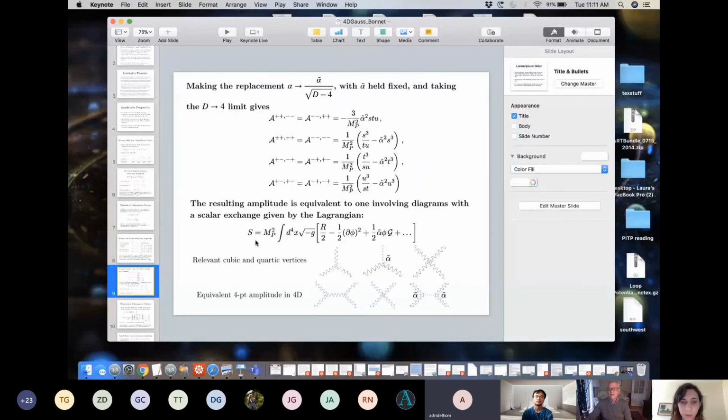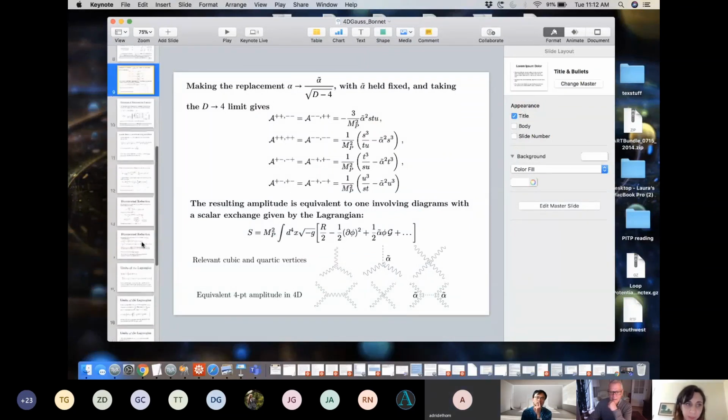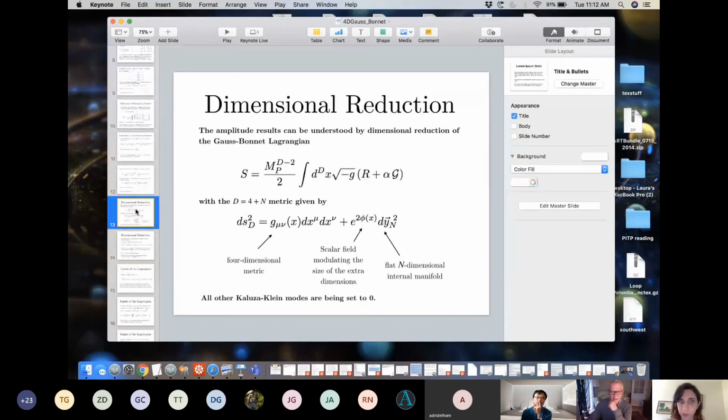But why would you expect it if you go to n-point functions? I get it based on the dimensional reduction picture. That's why we expect it to keep holding at higher point. Yeah, just based on the fact that there's also this dimensional reduction picture that's giving us all these consistent, different ways of arriving at the theory that we expected. So I guess that's why we expect it to keep happening at higher order.